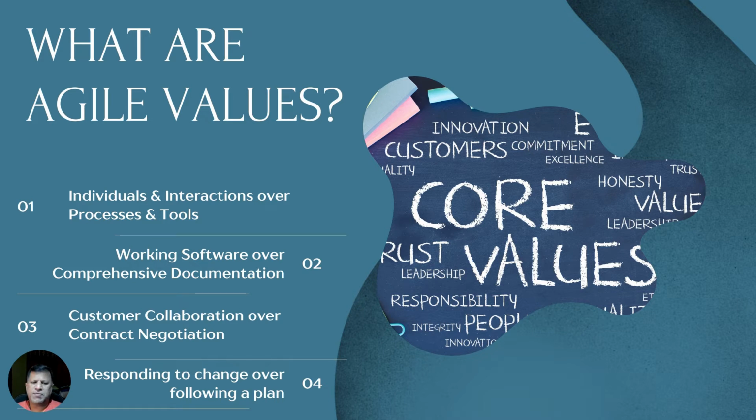So from that point of view, the principles and values are more focused on the software part of it, and they are meant to make software delivery better. So the second one is about working software over comprehensive documentation.